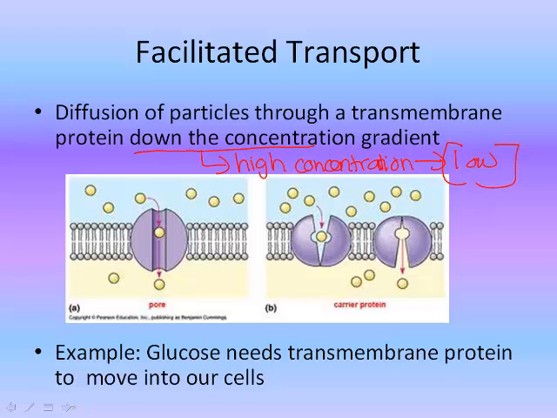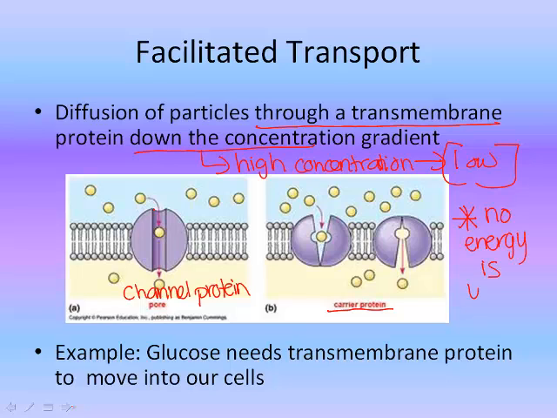So in order for particles in facilitated transport to get through, you must use a transmembrane protein, either a channel protein or a carrier protein. Now the key here again is no energy is used.